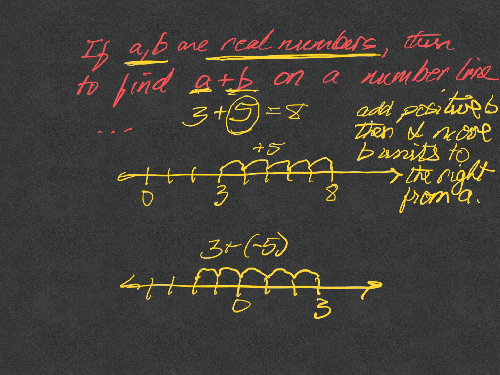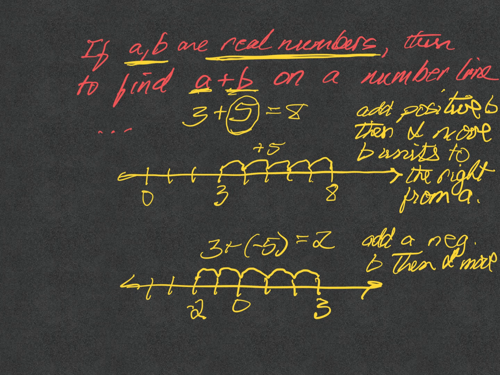So 3 plus a negative 5 is going to take me to negative 2. And so in this case, if you add a negative B, then I move B units to the left.